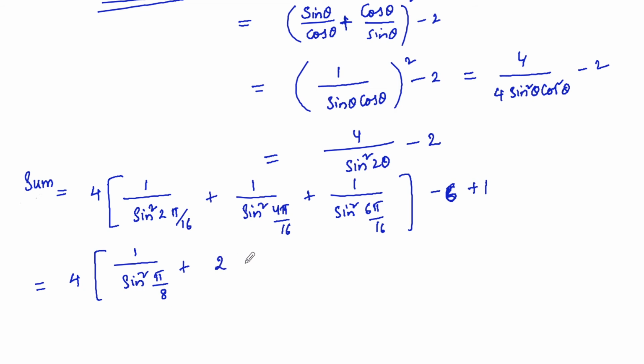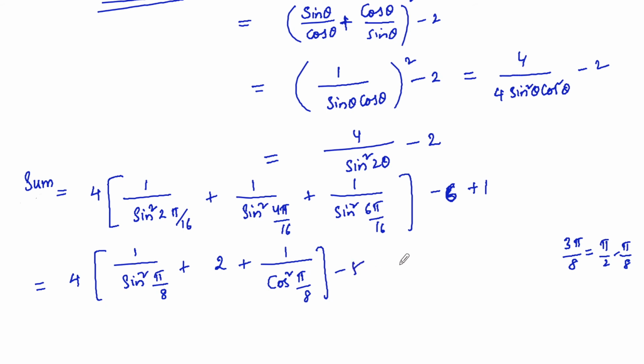So we can write 2 plus 1 upon sine square of 6 pi by 16, we can write it as 3 pi by 8, and 3 pi by 8 we can write as pi by 2 minus pi by 8. So sine of pi by 2 minus pi by 8 we can write as cos square pi by 8.